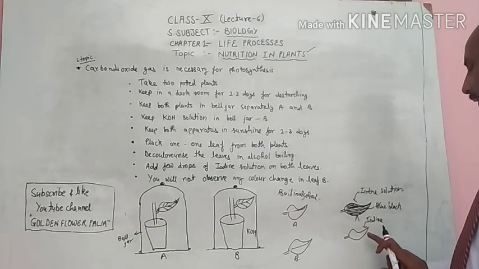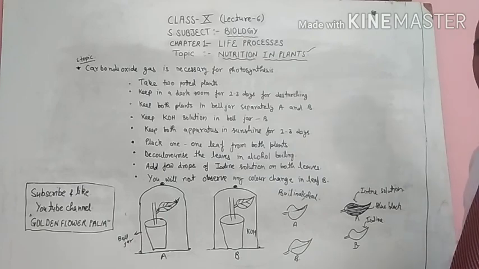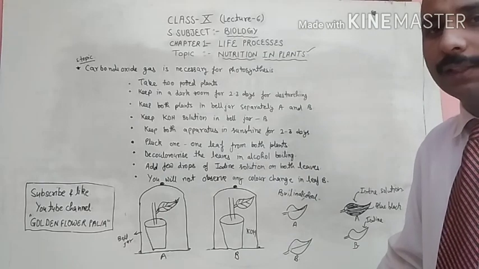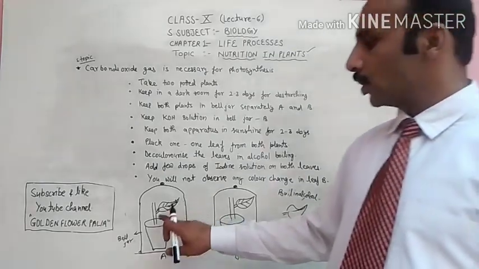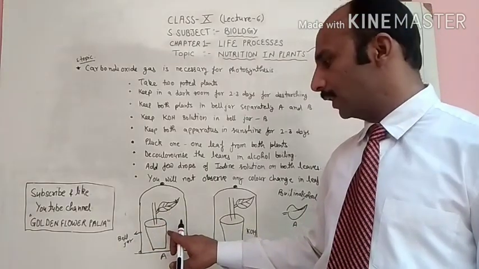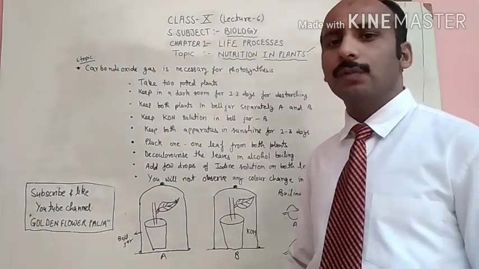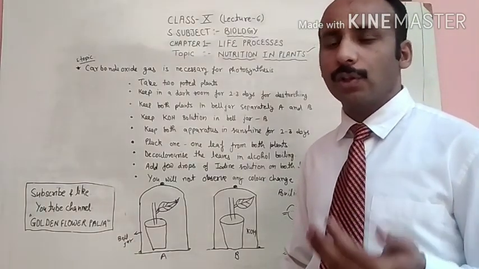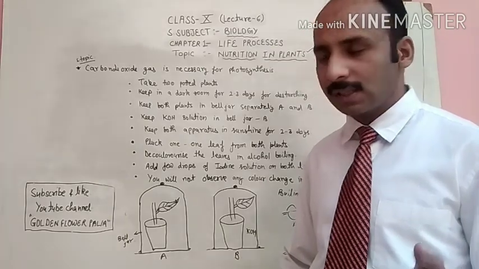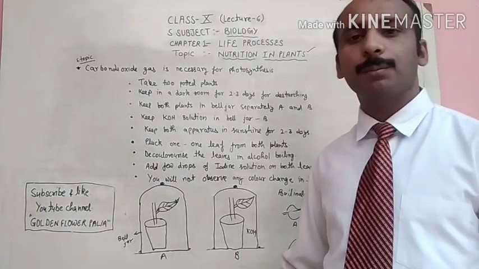But the leaf which we have taken from jar B will not show any color change. It means in jar A photosynthesis has taken place, but in jar B the photosynthesis process has not taken place.